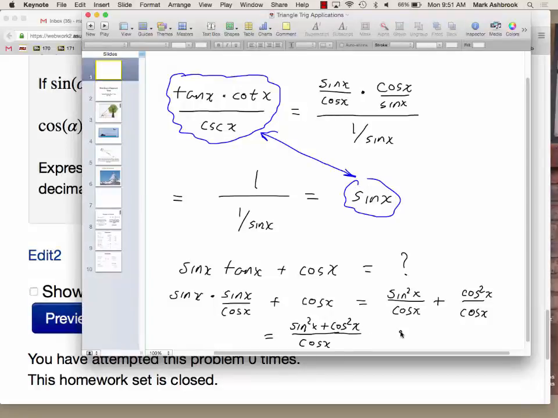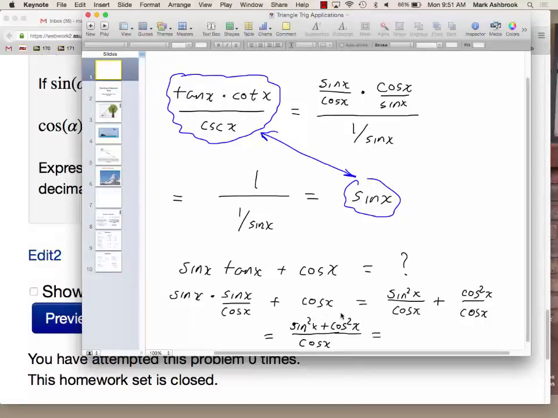So the first technique is change everything into sines and cosines. The second technique, when applicable, is add fractions to make one big fraction. The last technique is use common identities that you know already. Do you see one? You should recognize what we're looking at there. Sine squared plus cosine squared. No matter what the angle measure is, that's always equal to 1.